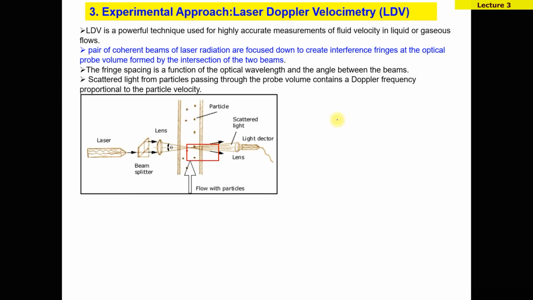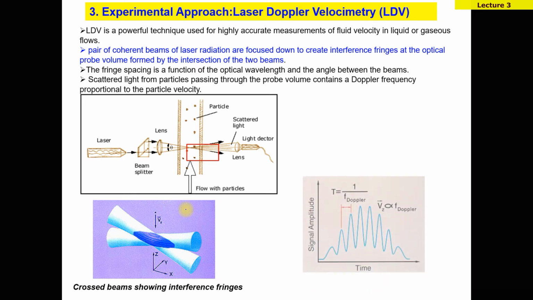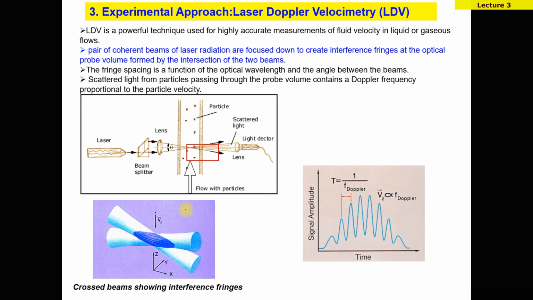Here I am covering the first technique, laser Doppler velocimetry. We are not detailing CFD much here. Those who are interested can go to the internet or books and study. This is one technique that is used to find the velocity based on experiment.